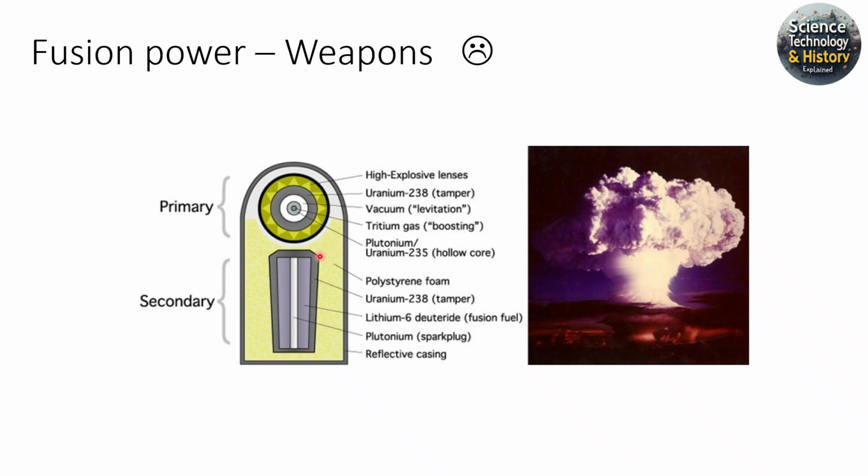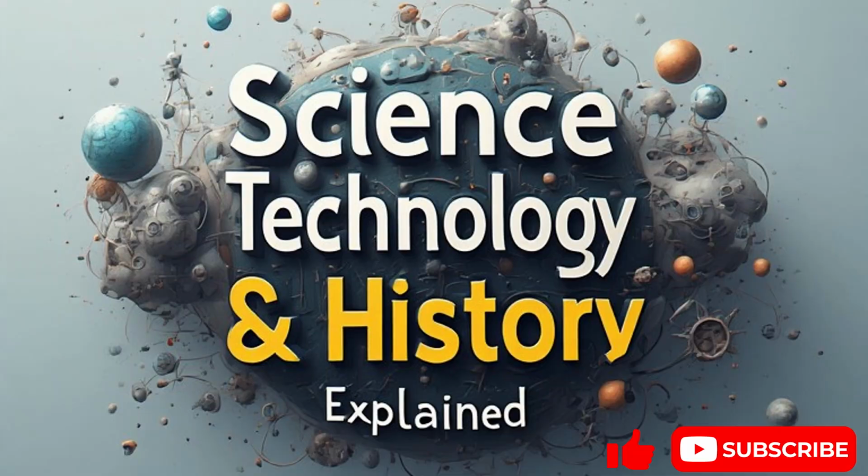This creates a very high energy and pressures and temperatures, and this is enough to start the fusion of hydrogen, and we get a huge amount of energy released in one go. And this is not a very good way to do fusion, but unfortunately it's easier to make destructive powers than harnessing peaceful power of fusion.